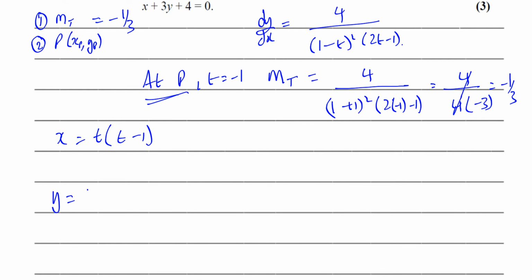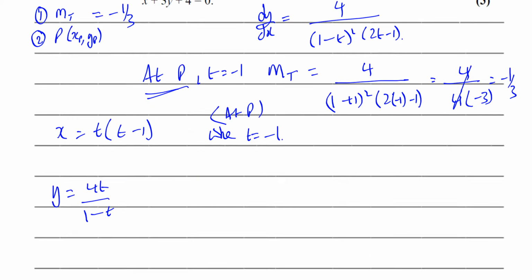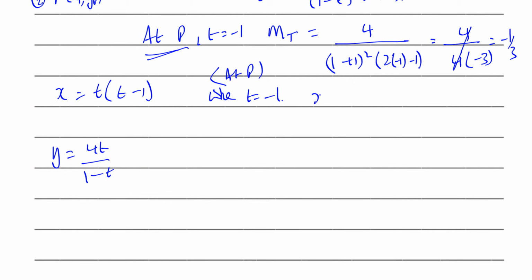So when t equals minus 1, which is at P, we can find the x and y coordinates. x is going to be minus 1 times (minus 1 minus 1), which is minus 1 times minus 2, which is 2. And y is equal to 4 times minus 1 over (1 minus minus 1), which is minus 4 over 2, which is minus 2.